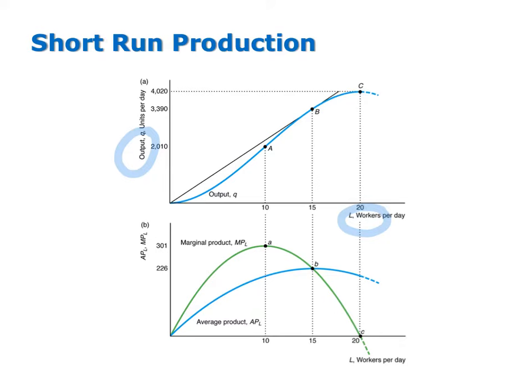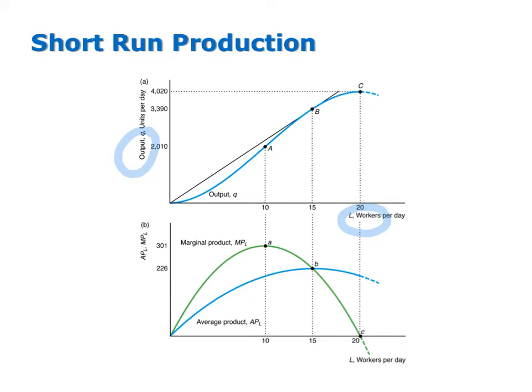Notice that marginal product is the rate at which the total product is changing. So after the 10th worker and up until the 20th, adding another worker does add to output. More workers mean more output, but each additional worker doesn't add as much to output as the previous worker.